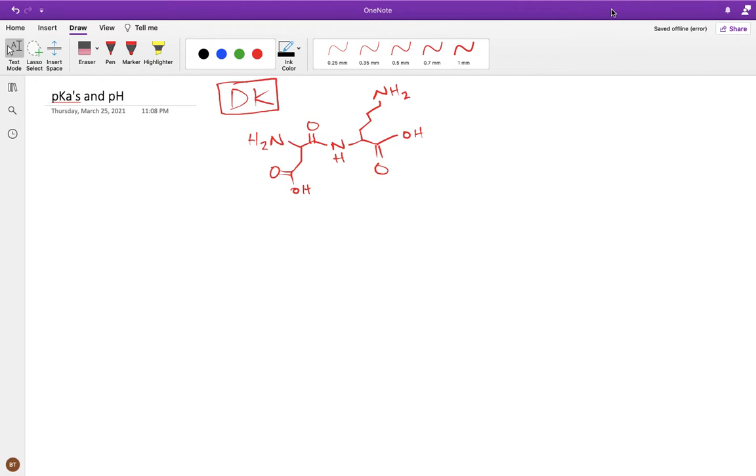Let me first throw up the pKa's of this molecule, and to be more accurately correct, I did look these up just barely to make sure that we're accurate. We have a carboxyl group, our C terminus over here. On lysine, we have this amine group, and the pKa of this ammonium is going to be 10.5.